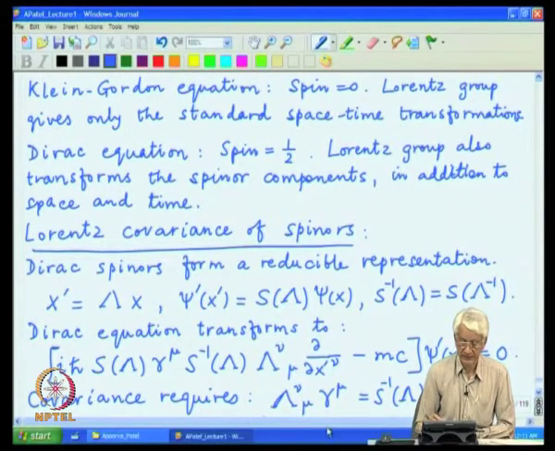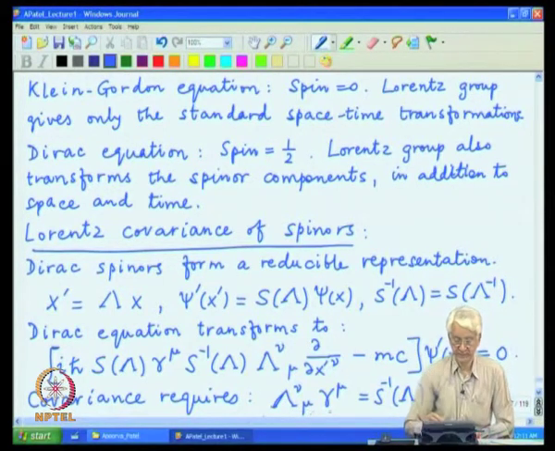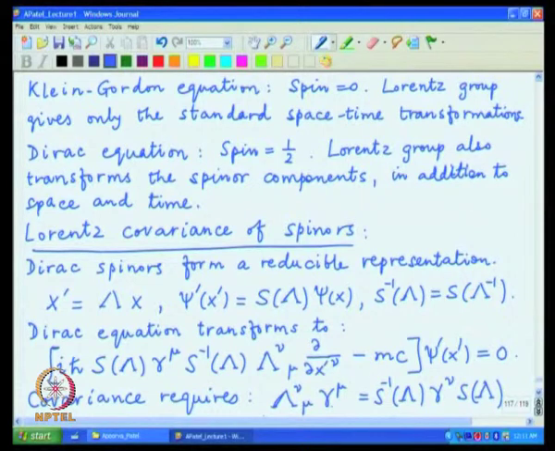Let me show it again, which is lambda gamma is equal to S inverse gamma S.